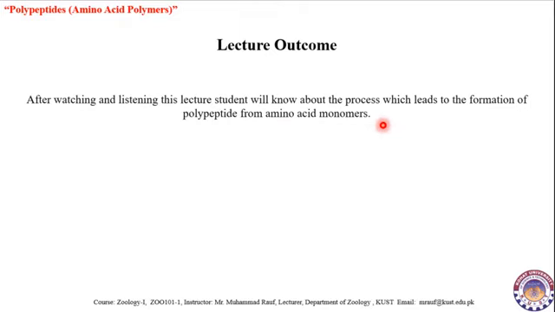So basically we will try to know how the amino acid monomers combine and produce a polypeptide chain, what type of chemical interaction is involved, what type of a bond is formed between which atoms.